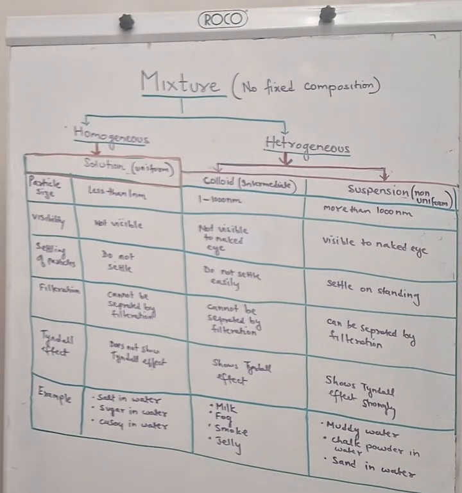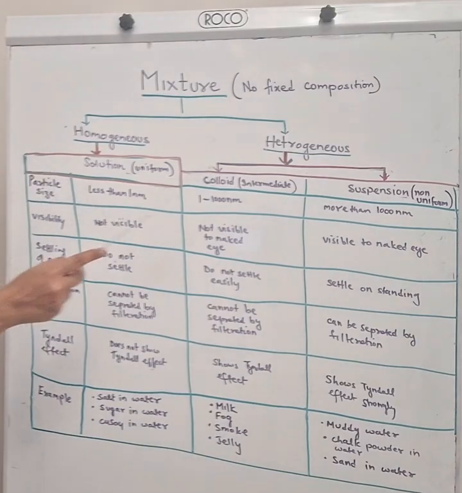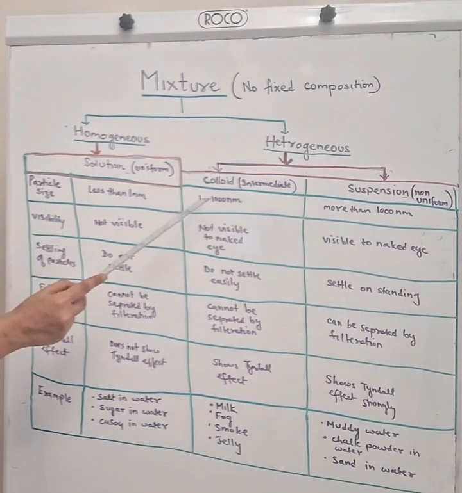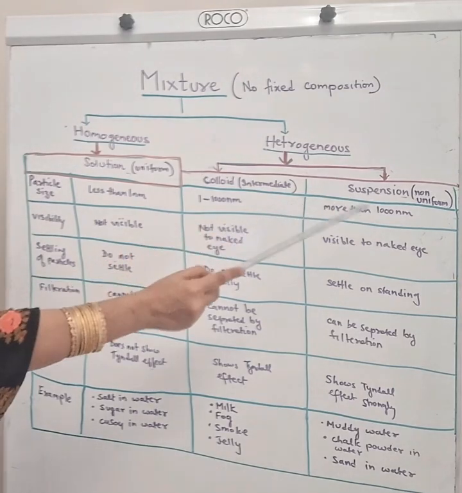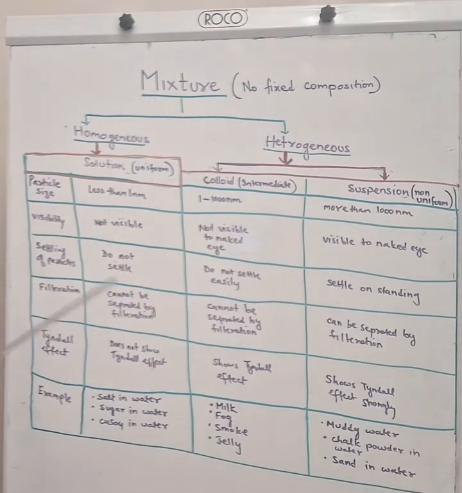Now from the exam point of view, these are the areas you should know which make the difference between solution, colloid and suspension. If you check the particle size, the solution particle size is less than 1 nanometer. The colloid particle size is between 1 to 1000 nanometer, and suspension is more than 1000 nanometer.